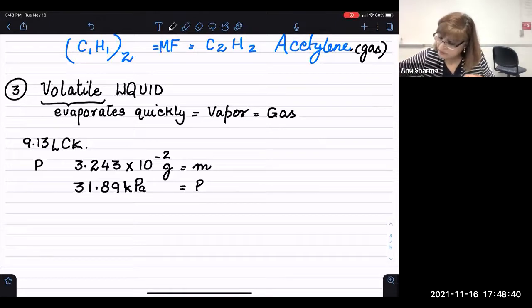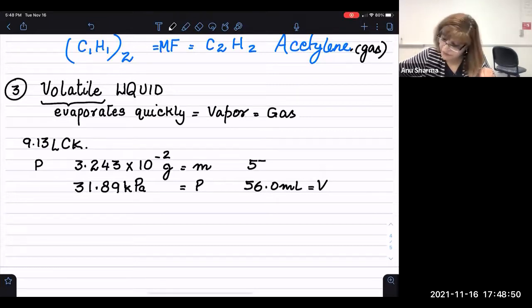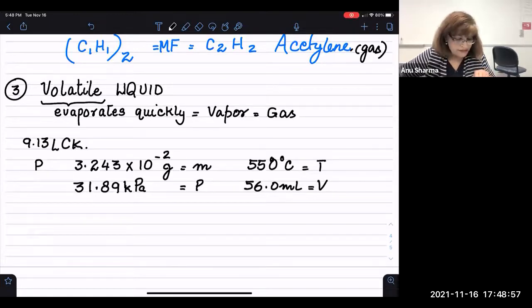In a bulb, the volume given is 56.0 milliliters. So that's the volume. The temperature given is 550 degrees Celsius. That's the temperature. What is the molar mass?